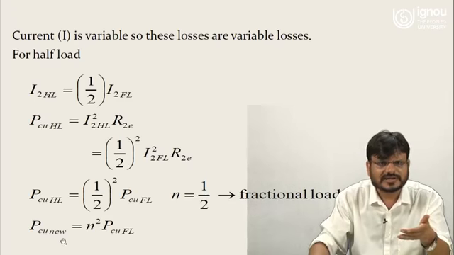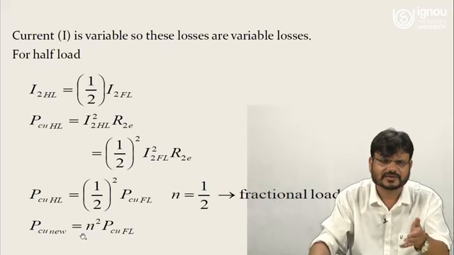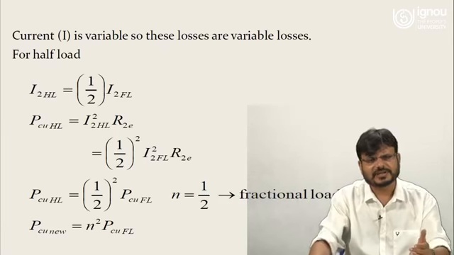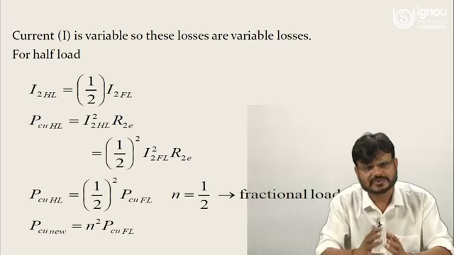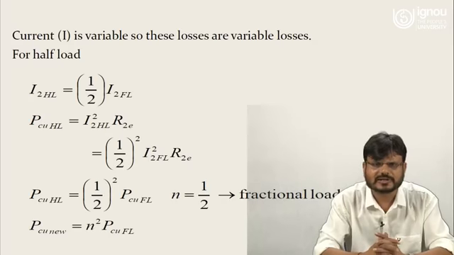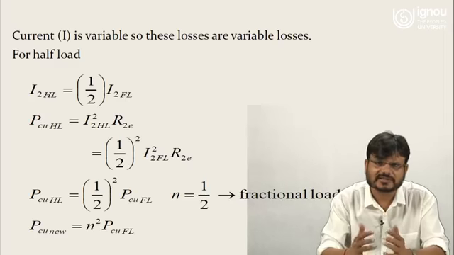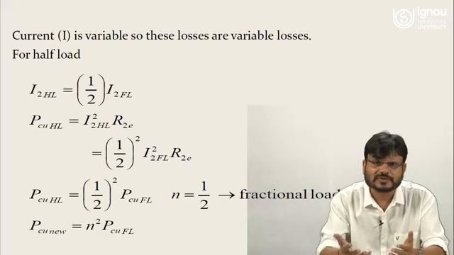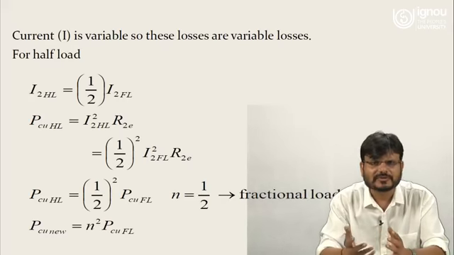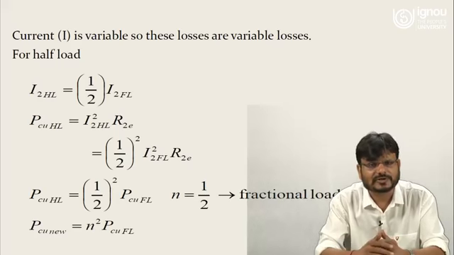You can write the generalized formula: copper losses at any load is equal to N square multiplied by copper losses at full load, where N is the fractional load. Suppose it is asked to calculate the copper losses at half full load, just put the value N equal to 1 by 2. And suppose it is asked to calculate the copper losses at 3 by 4 load, just put the value 3 by 4. That means 9 by 16 times the full load copper losses.